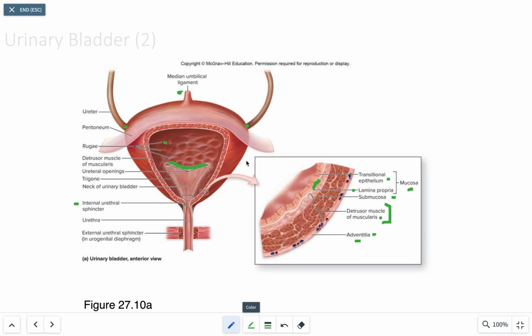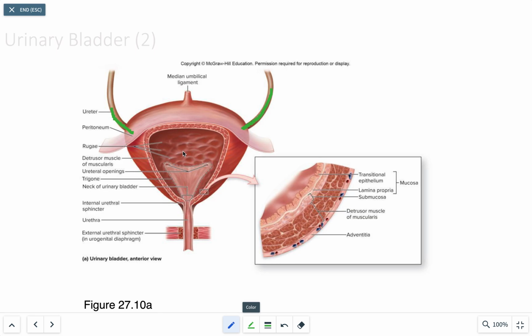And then when we're looking at how the bladder is emptied, urine production occurs in the kidney, and urine travels down through the ureter from the left and right kidney. It fills the urinary bladder, and the urinary bladder has a micturition reflex, or urination reflex.